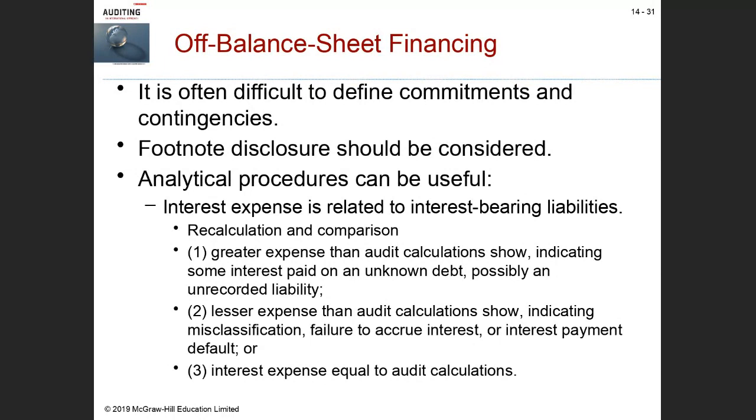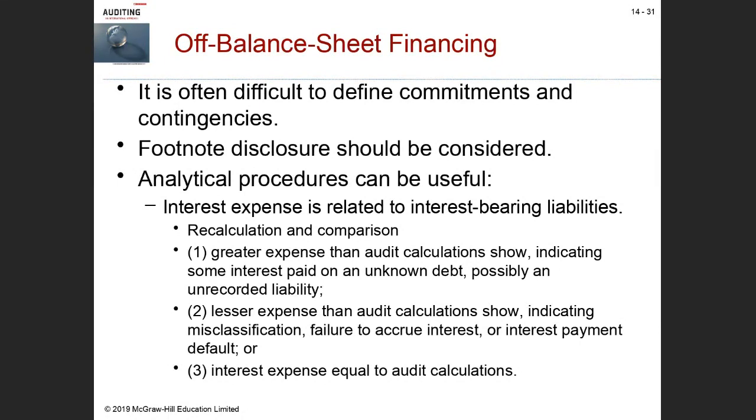So normally auditors will compare the interest expense this year to the interest expense last year to ensure that it appears reasonable. If there is interest being paid on a debt that has not been recorded, of course, that's a hint the client has done something wrong. The second bullet point says lesser expense than the audit calculations show might indicate misclassification, failure to accrue interest. So we calculate the interest and it should be $2 million.